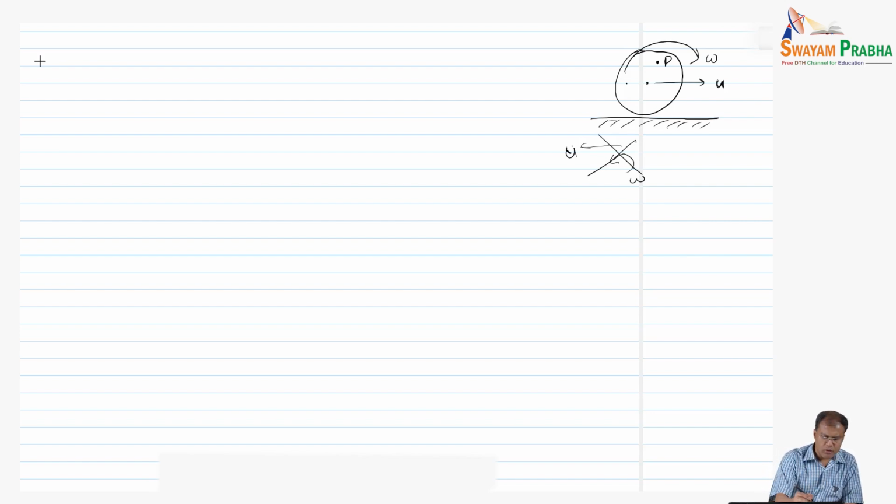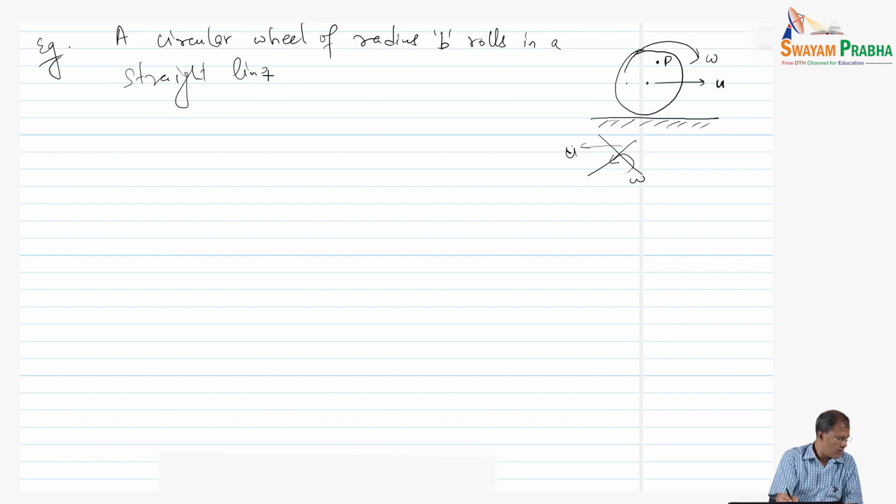So the problem says a circular wheel of radius b rolls in a straight line with speed u on a fixed horizontal table.